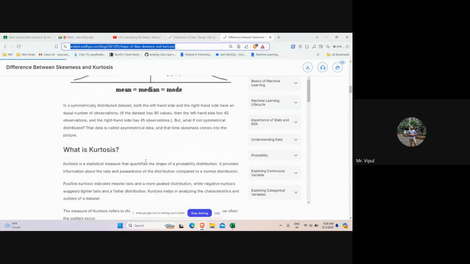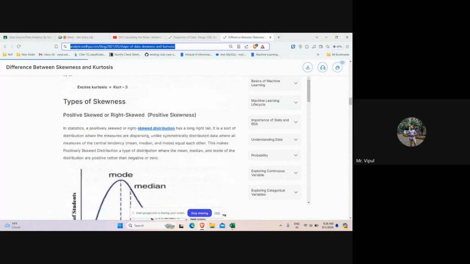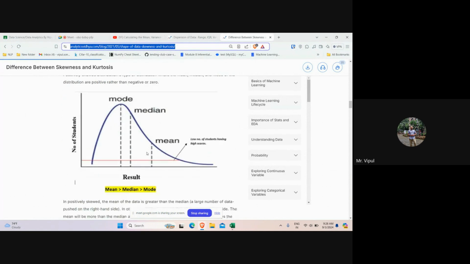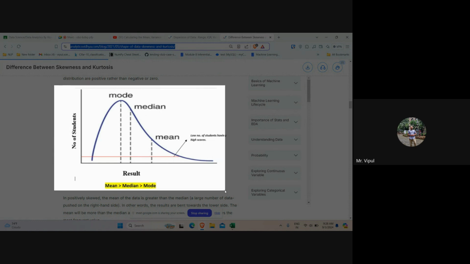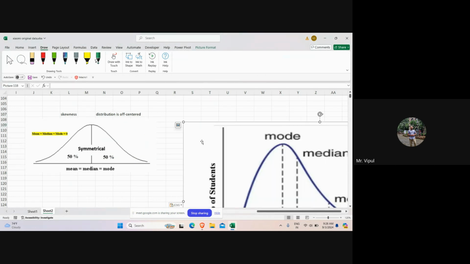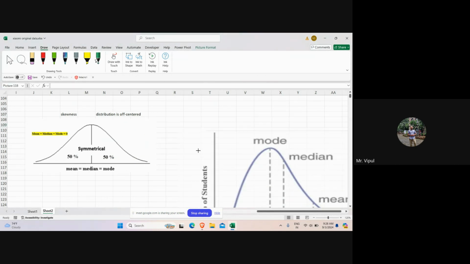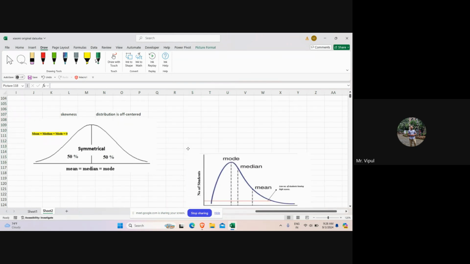This is your unsymmetrical, where this is known as positive skewness. Why is it known as positive? Because here the distribution is not symmetrical.